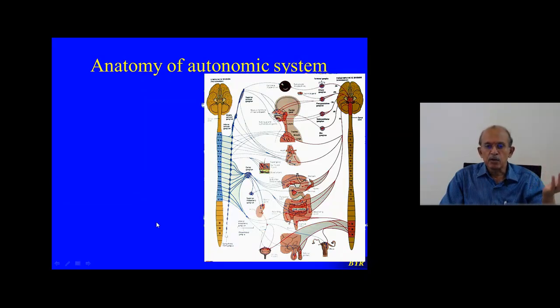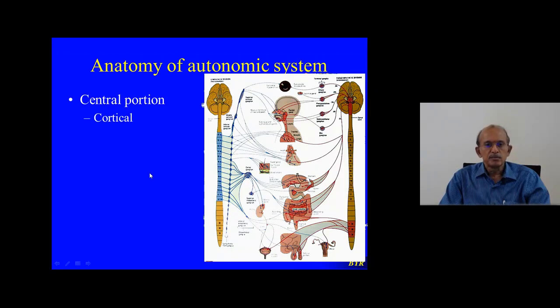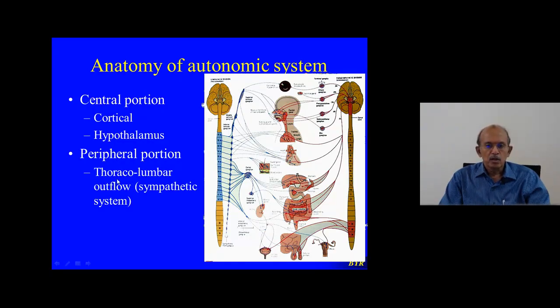Then the examiner will ask you a few points about the autonomic nervous system. With that intention, I am telling you about the autonomic nervous system here. Anatomy of the autonomic nervous system: central portion, cortical and hypothalamus; peripheral portion, thoracolumbar outflow, that is for the sympathetic system, that means through the thoracic and upper two lumbar segments, the sympathetic system will come out.